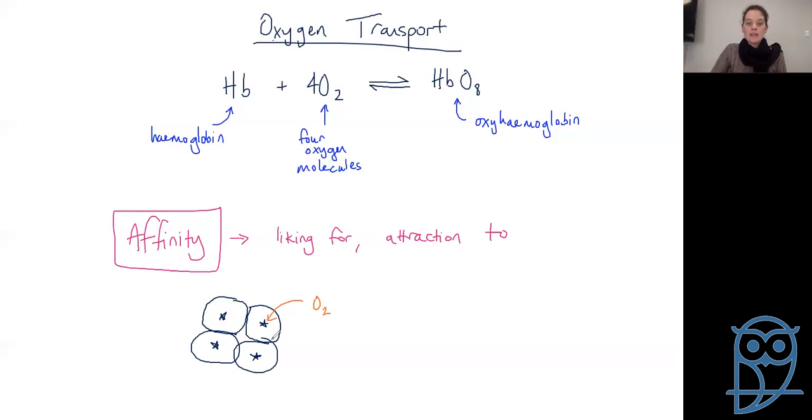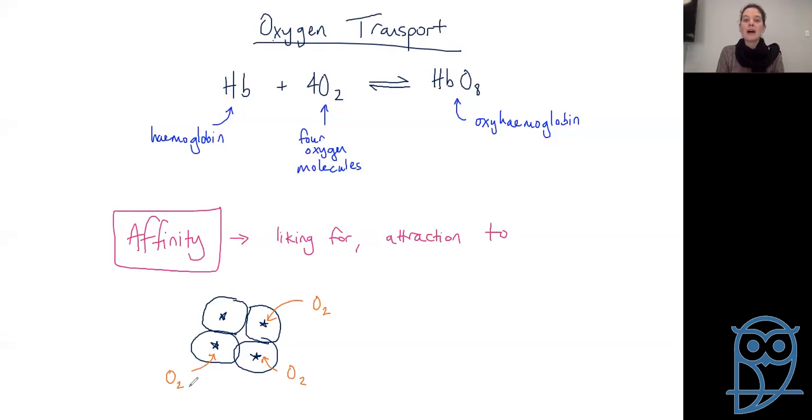That then makes it easier for the next one to bind. This causes a further distortion because we're changing the shape. When we bond, we change shape, we change interactions, we distort the molecule. So that makes it easier for the next one to bind. Yet again, you have that same process.